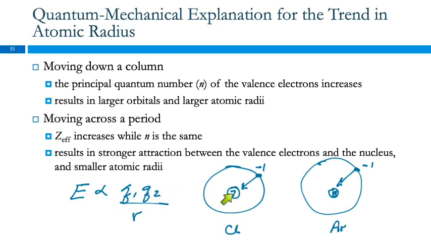Here, Q1 is 7, and Q2 is -1. Here, Q1 is 8, and this is -1. The attraction of the nucleus for these valence electrons is larger for argon. And so they are more attracted, they're going to pull in. And so that's why argon is actually a little smaller than chlorine.